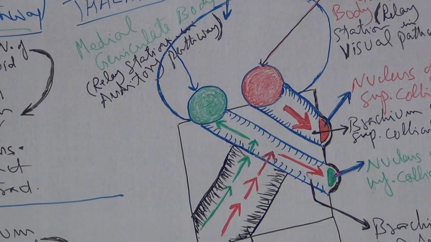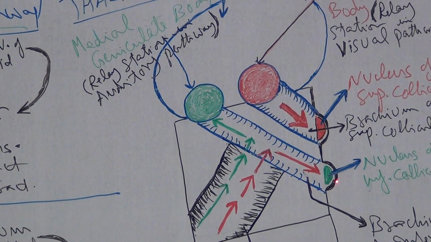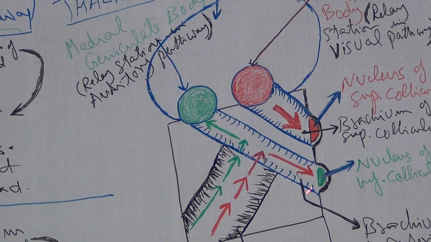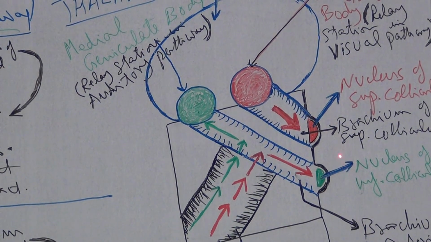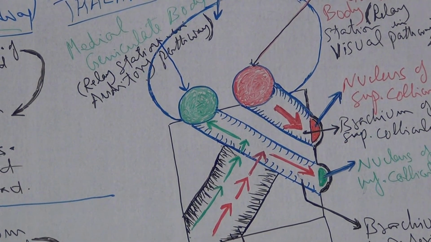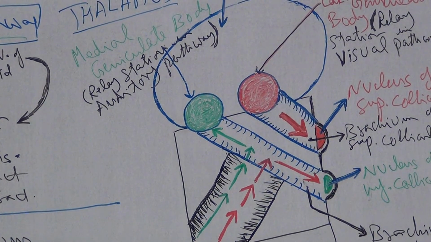And from the nucleus of inferior colliculus, two tracts arise, known as the tectobulbar and tectospinal tracts. The posterior surface of the midbrain, where there are two superior colliculi and two inferior colliculi, is also known as the tectal region. So this is why the tracts are called tectobulbar and tectospinal tracts.